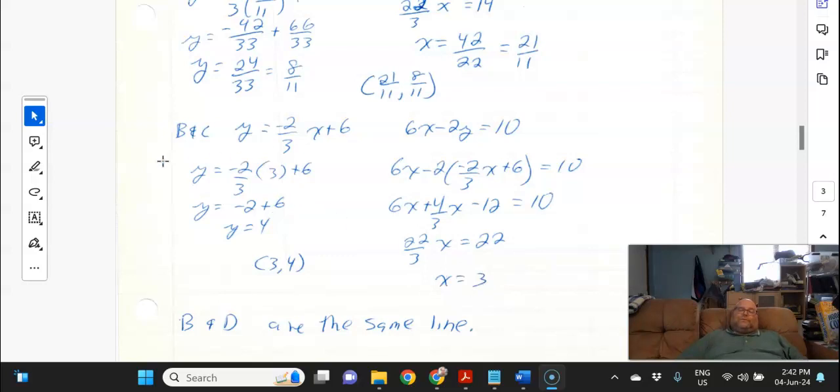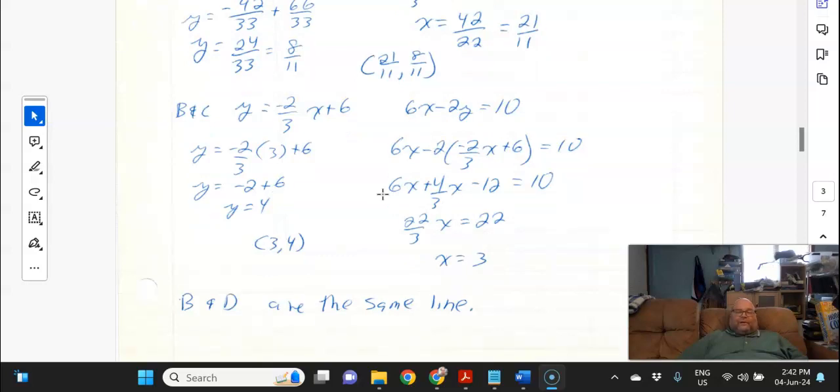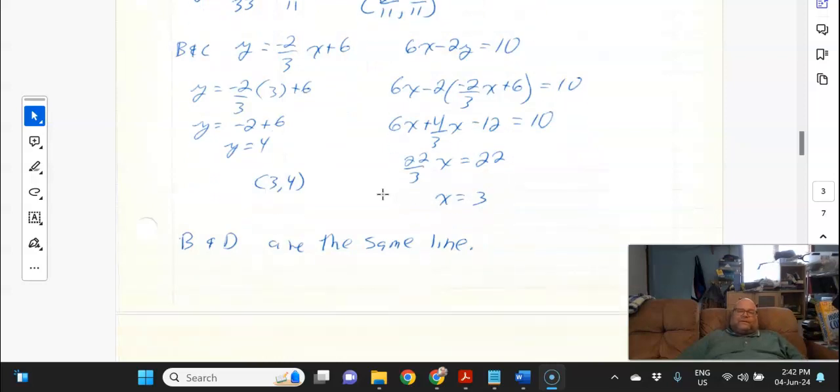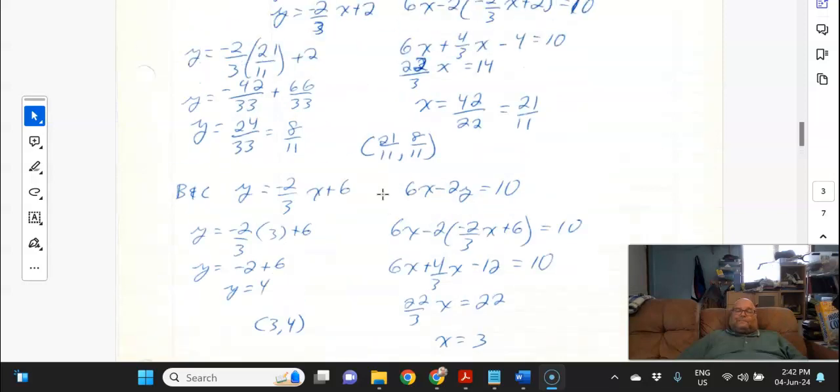We substitute the 3 in for the x, negative 2/3 times 3 plus 6. So negative 2 plus 6 is 4. So we get the point 3, 4 is confirmed for us, as we should have been able to read from the graph. We need to be careful trying to read these from the graph, though, because points can look to be in a certain place, even when they're not.